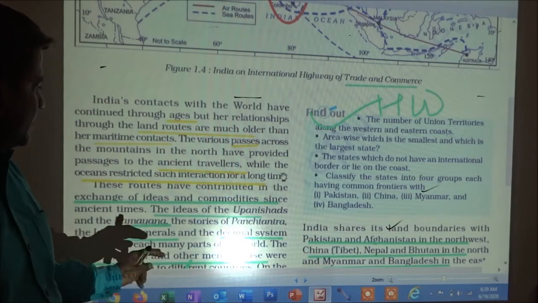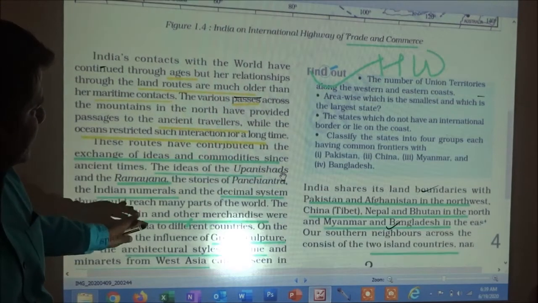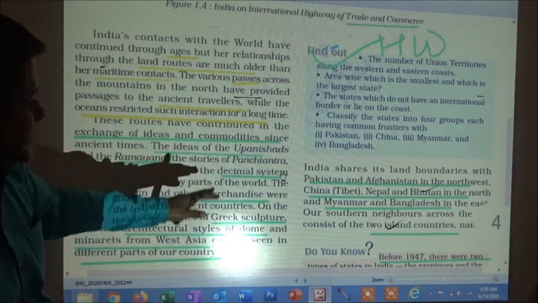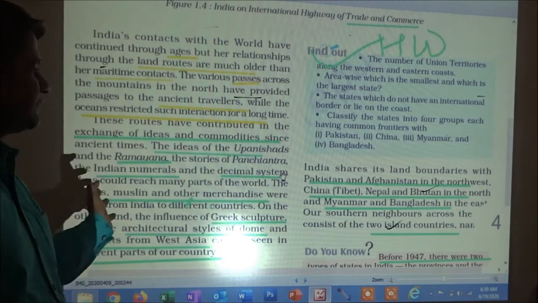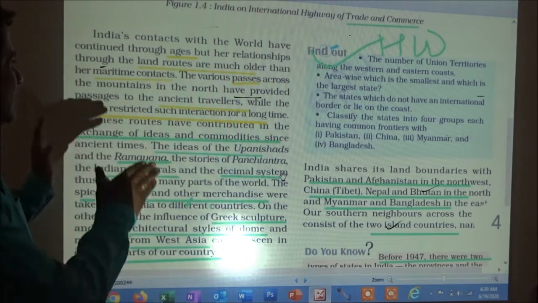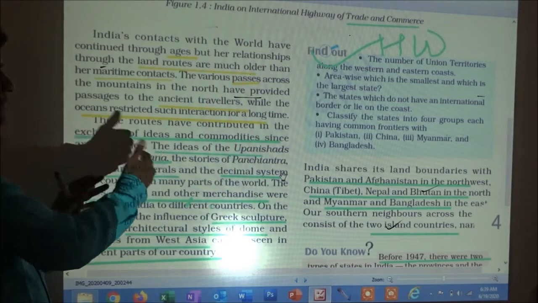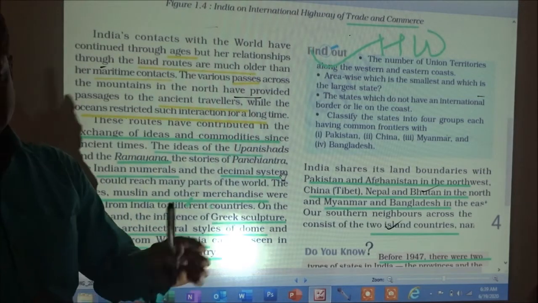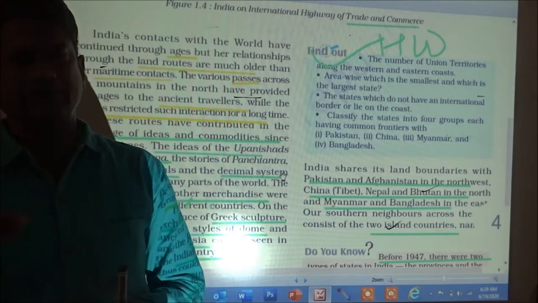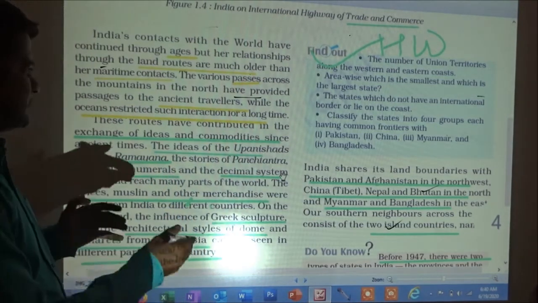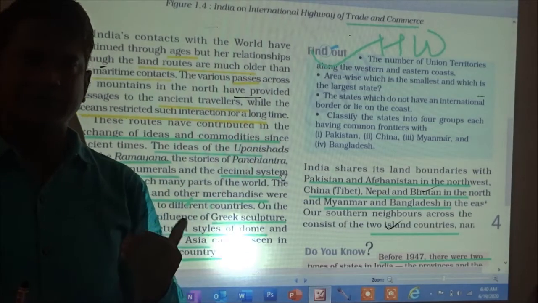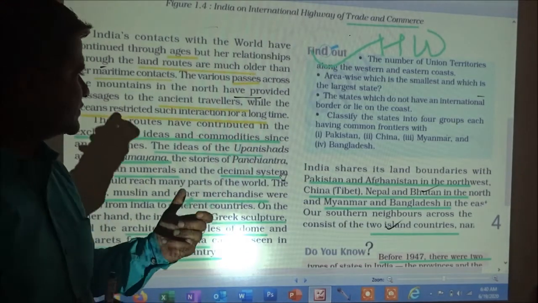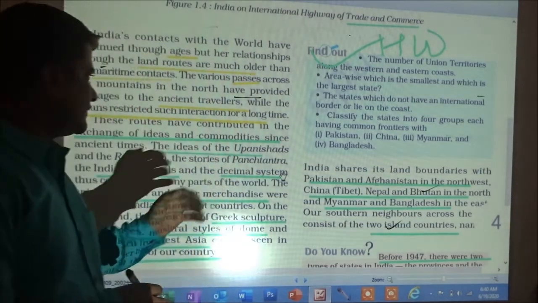Now, if we talk about what benefits India gets and what benefits the world gets from India: when India came in contact with other nations in the world during the ancient period, there was sharing of information, knowledge and culture.